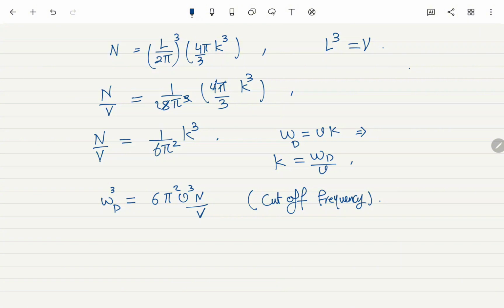And from this cutoff frequency, we can find the cutoff wave vector kd, which is equal to omega d over v, and which is equal to 6 pi squared N over V to the power 1 over 3, and this is called the cutoff wave vector.